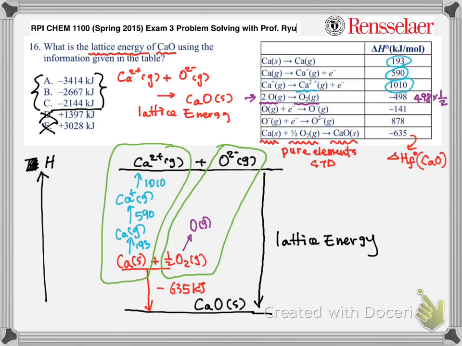The energy goes up, plus 498, which is the opposite of that, and you need to multiply by half because only half a mole of O2 gas is involved. Then looking at the 2-1 step, oxygen gets one electron and then a second electron, and becomes O2-. This is a successive process, so you just add them together, which is 878 minus 141. Those are the ones together.